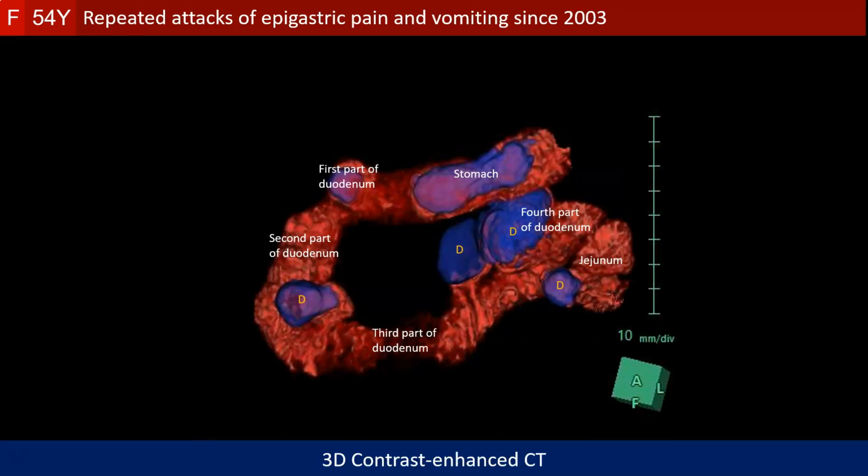And this is a 3-dimensional representation of the story. We see the stomach, the first part of the duodenum, and the red color here represents the oral contrast agent. The blue color represents gas. So this is the gas bubble of the stomach and the gas bubble at the first part of the duodenum.